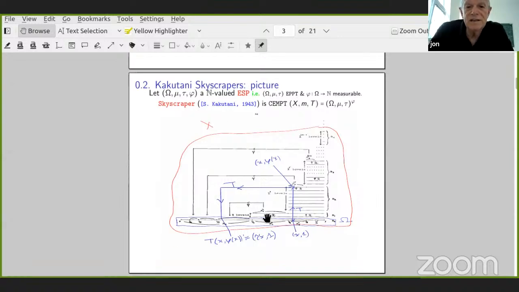And then you define the skyscraper in this way. You draw lots and lots of lines going up as high as phi of x. And then you climb up until you see the sky, and then you jump down and you go to tau of x. So that's the picture of it.